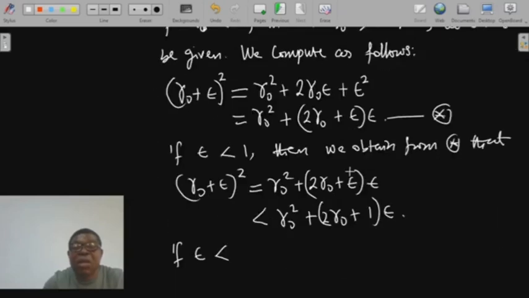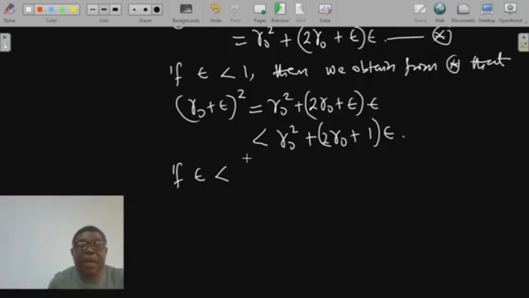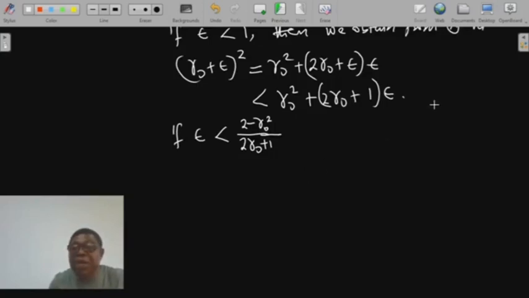The second condition I want to put on epsilon is the following: if epsilon is less than (2 minus gamma naught squared) all over (2 gamma naught plus 1). Let me call this star, star.